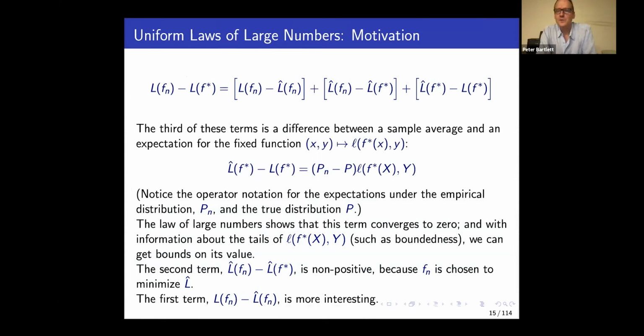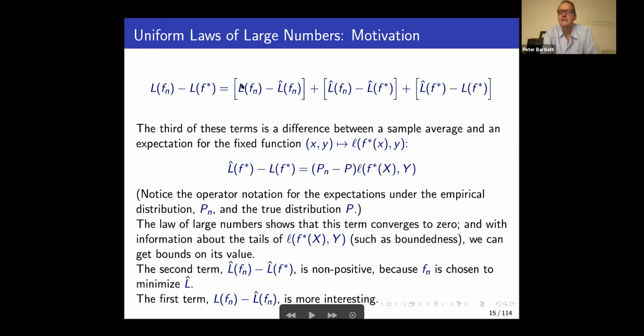Okay, so when we're talking about the last term, L hat is, as Wisson said, the sample average. So it measures loss on the training data, whereas we're interested in the expectation of the loss for the function Fn, right?